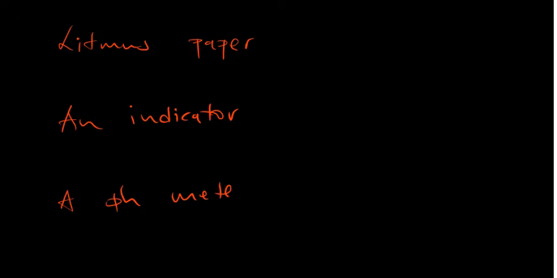Just in case I ask you this: when litmus paper turns from red to blue, you know that is basic, or alkaline. And when it turns from blue to red, the solution is acidic.